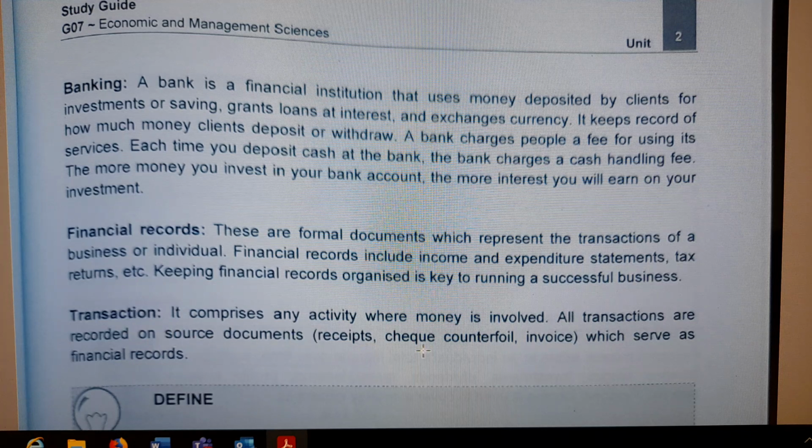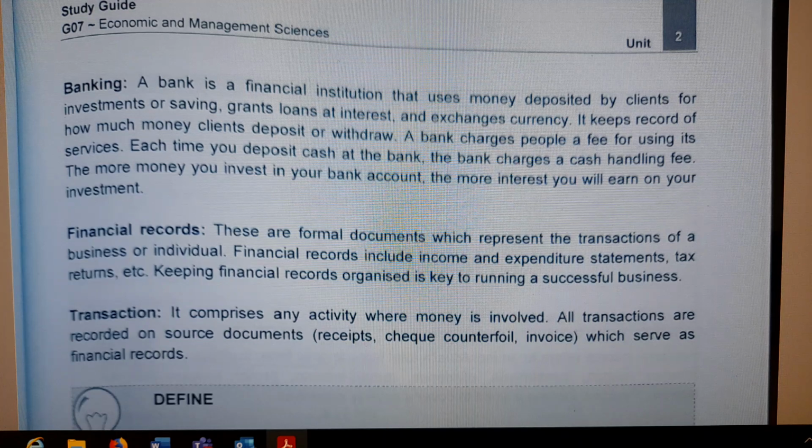It's a receipt, a check counterfoil, an invoice, which serve as financial records. So you need to know examples of source documents, which are receipts, check counterfoils, and invoices. And you need to know what a transaction is: any activity where money is involved, either into the business or out of the business.